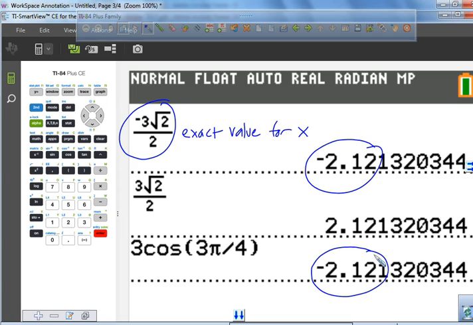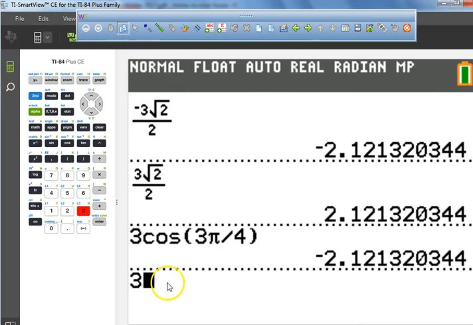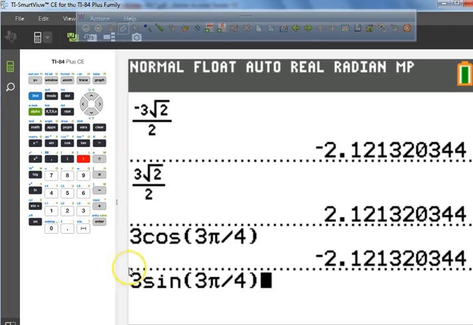Now sometimes it will give you an exact value, okay? But if it's decimals, that means you have to find the exact value using your 30, 60, 90 or your 45, 45, 90. Now if I were to type in 3 sine 3 pi divided by 4, what do you think that's going to spit out?